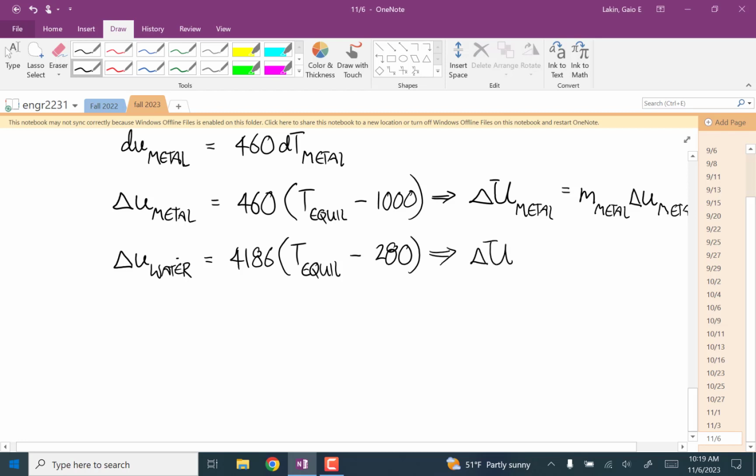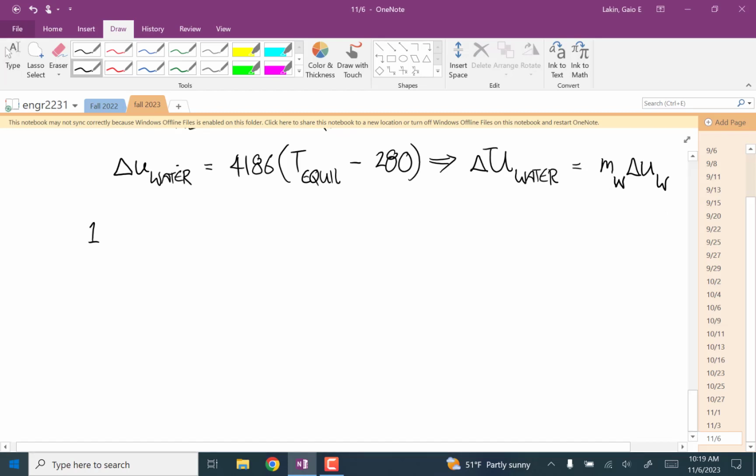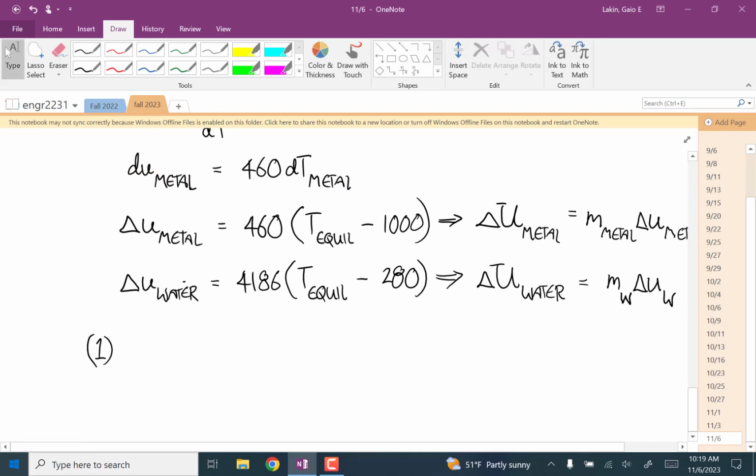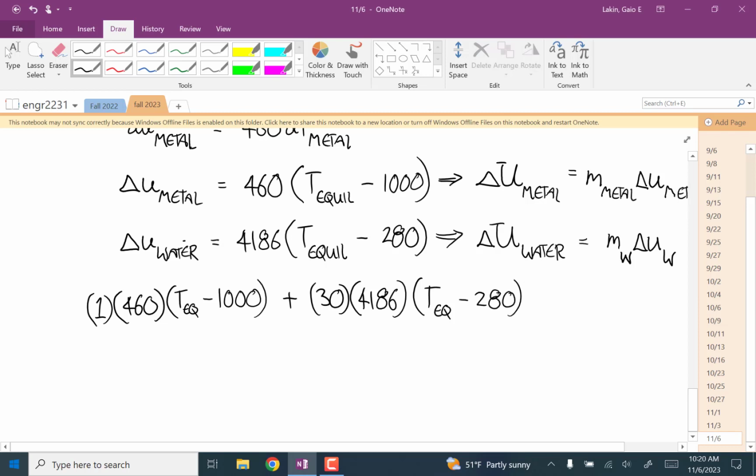Same thing here. And so now we had 1 kilogram of metal, so 1 kilogram of metal times the specific heat for the metal, 460, times T equilibrium minus 1000, plus the mass of the water times its specific heat times the quantity T equilibrium minus its starting temperature is equal to 0.